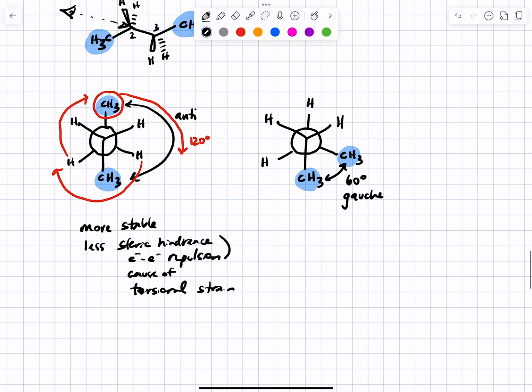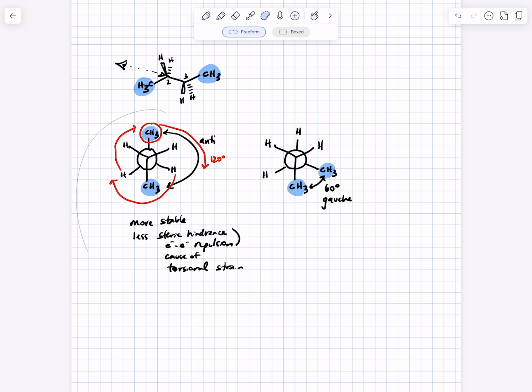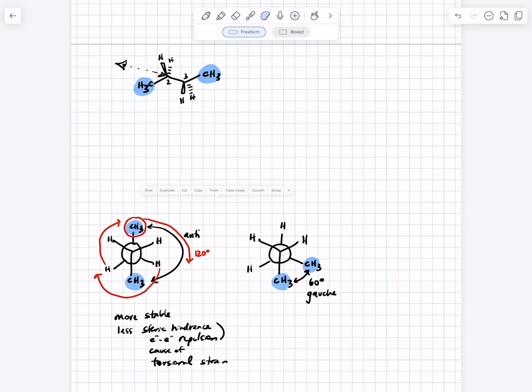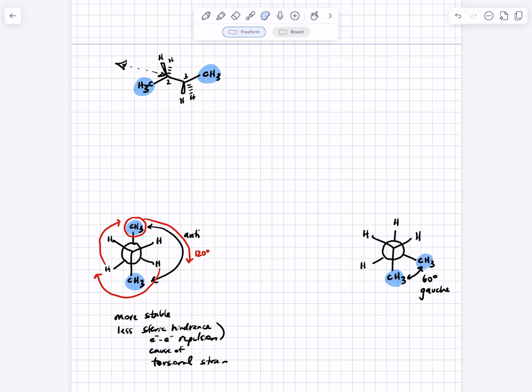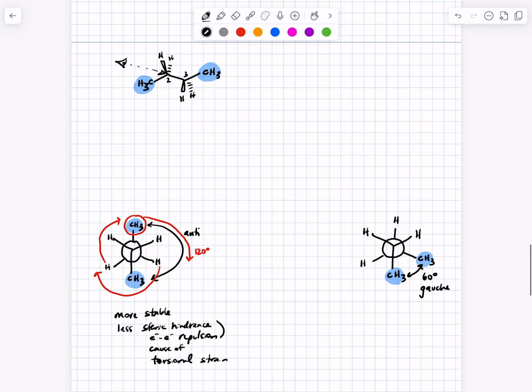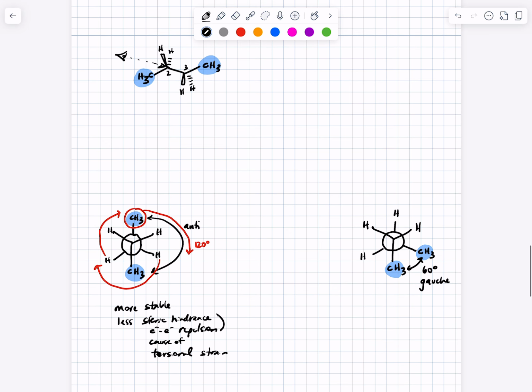Couple of things I want you to think about. Draw for me the, and this isn't on your quiz, but I think it's useful, the high energy eclipsed conformation that would be the transition state between this anti-conformation.